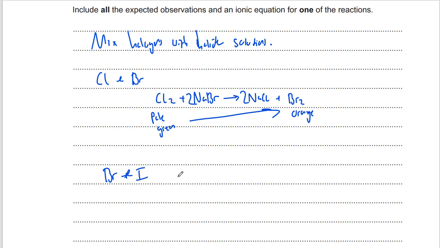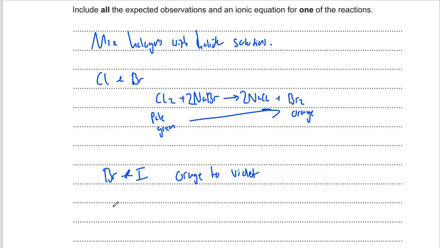Again, bromine replaces iodine, therefore it will go from orange to violet. So I add pure bromine to start with, and then it turns to violet. If you add iodine, of course, you would get nothing. If you add iodine to any of the others, you get no reaction.